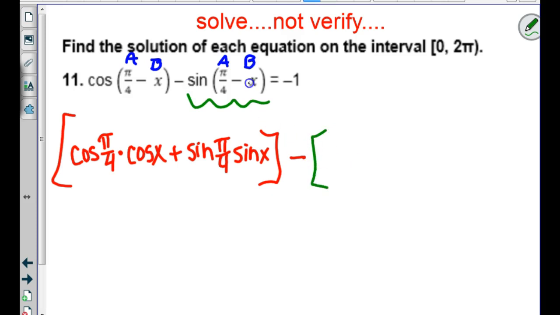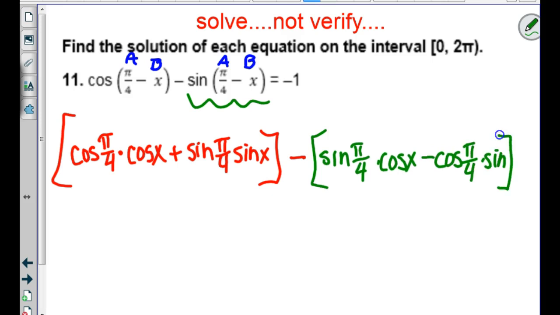When it's sine A minus B, it's what? Sine times cosine minus cosine times sine. And in the end, this is all supposed to equal -1 from right over here. We'll worry about that at the very end.